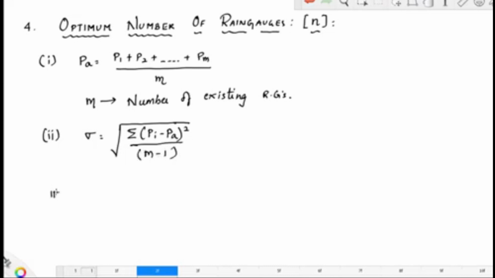So third one, you require a CV formula, CV equal to sigma divided by Pa into 100. Fourth formula, it is nothing but your N formula, N is equal to CV divided by E whole square.